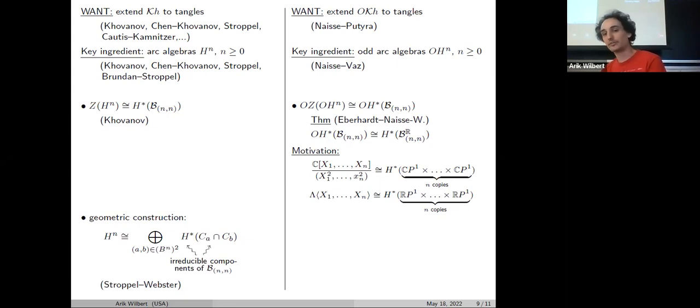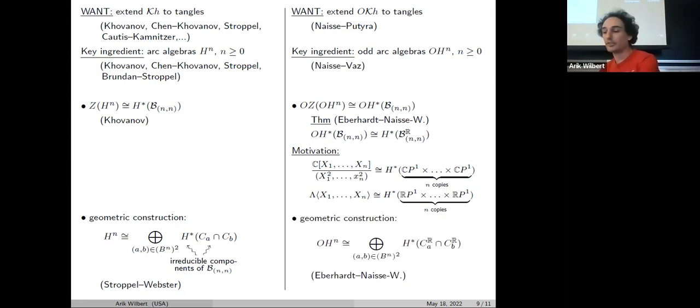You can extend this to flag varieties, to these Springer fibers, to the irreducible components, and it all works out. You just have to pass to real points everywhere, which is kind of nice. So it gives you a very nice geometric idea why odd Khovanov homology exists. It's literally like the fact that you can pass to real points naturally gives you all of these signs, which are kind of ad hoc, if you think about this.